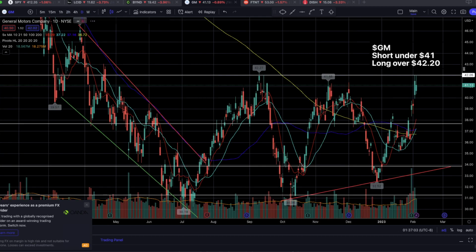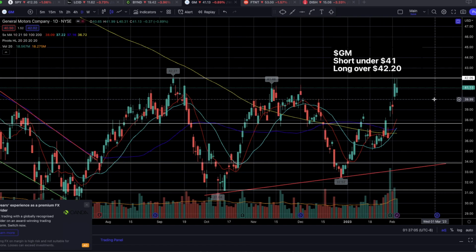And so once we're done filling the gap, we can see definitely a support buyback around 38, 37.50, or even $40. However, I did not put those levels here for you guys because if we decide to flag, right, just like Beyond, like I said earlier, we can see a confirmed entry point over $42.